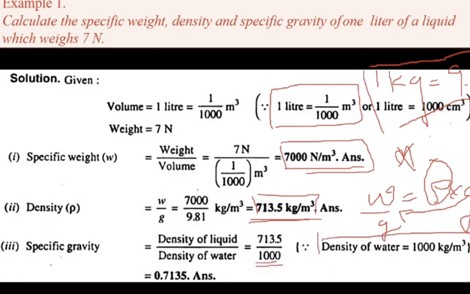Okay, please remember this. Density of water is 1000 kg per meter cube. So whenever we divide, we will get the answer specific gravity as 0.7135.